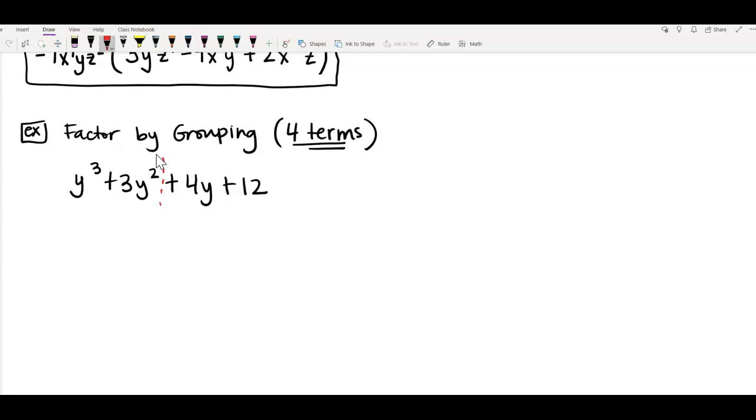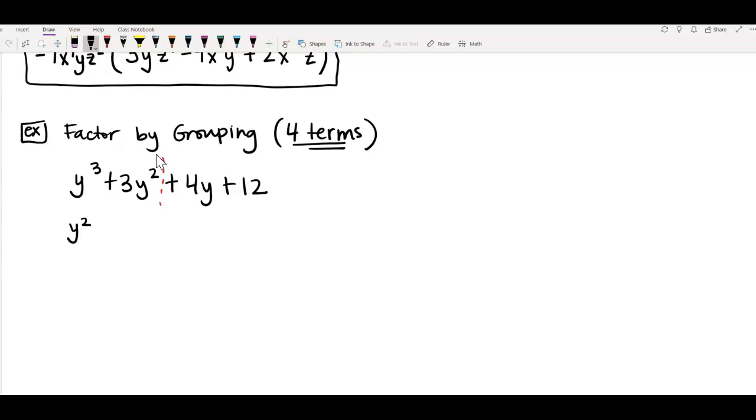And we're going to just try and take out the greatest common factor of the first two terms and separately the last two terms. All right, so if I'm just looking at the first two terms, the y to the third plus 3y squared, my greatest common factor of just those two terms would be y squared. Does everybody see that?